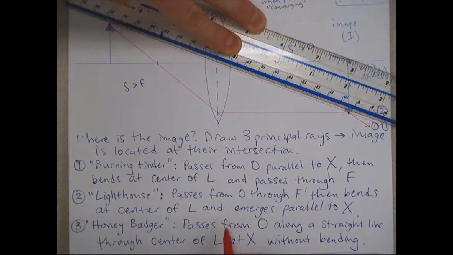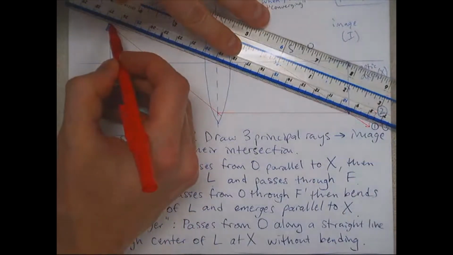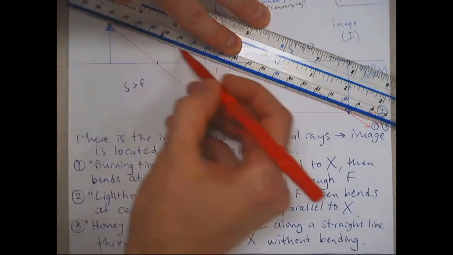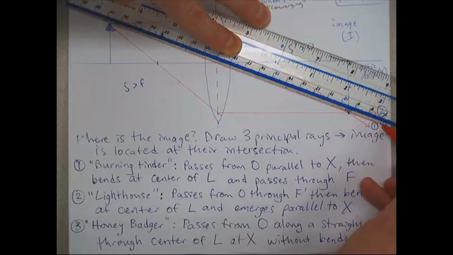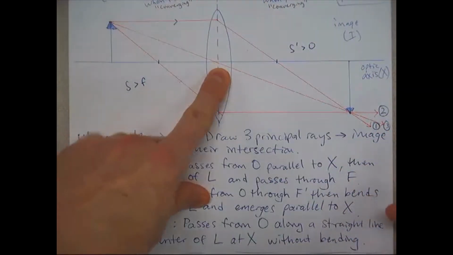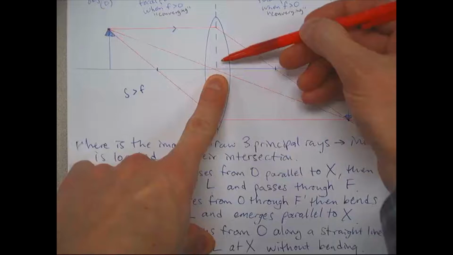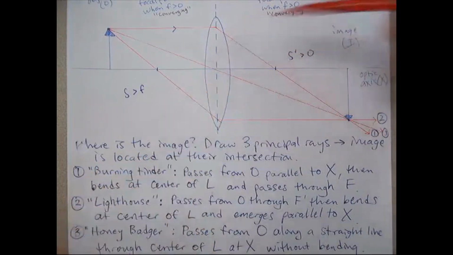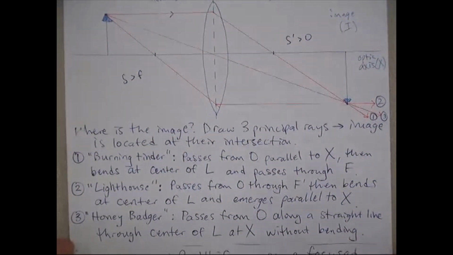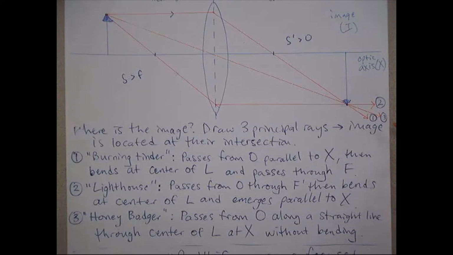So you pass your light ray from the object along a straight line through the center of the lens at the optic axis without bending. You just draw one continuous straight line through the center so that it passes across the axis at the center of the lens. Now you can see that third ray confirms our intersection point.